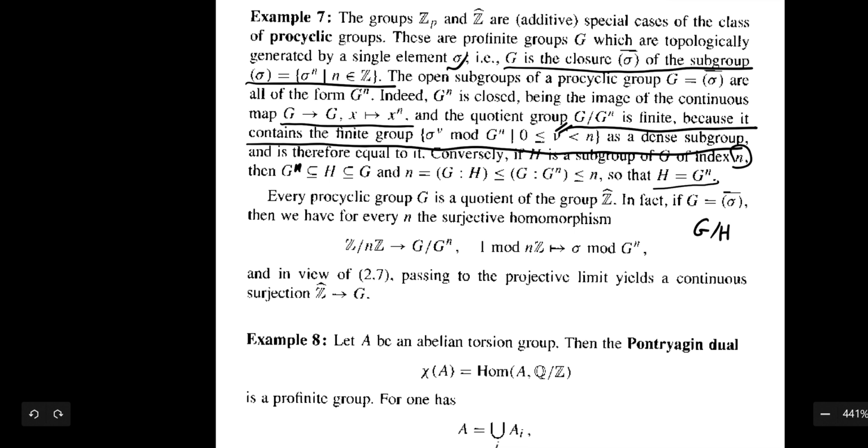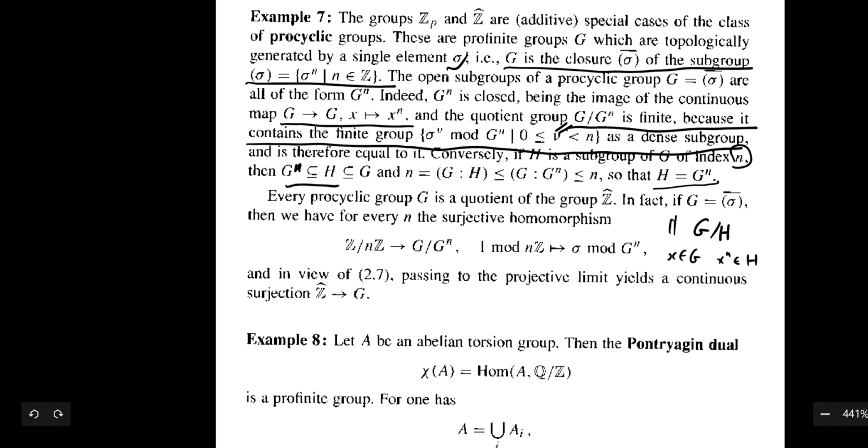What we claim is that any element of G raised to the nth power is in H.